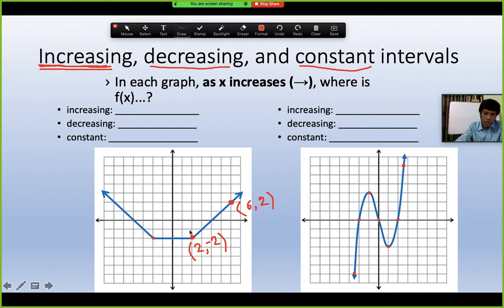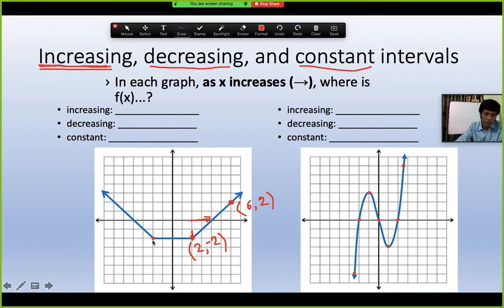In fact, from here the graph is increasing. The trick is you will look from left side to right side. Then automatically you will see the graph is increasing. With simple eye estimation, you will see that the graph is increasing.